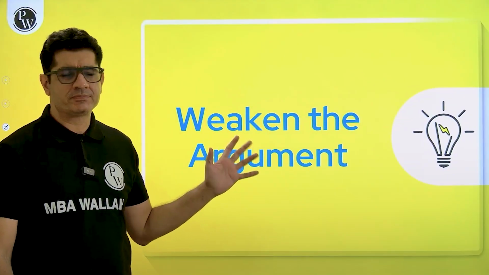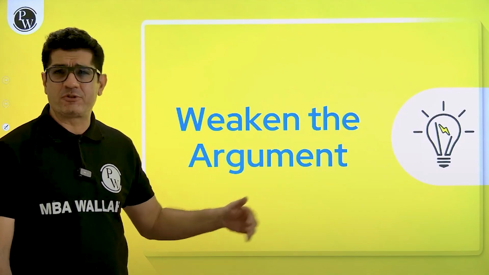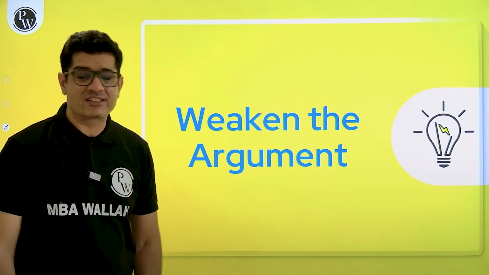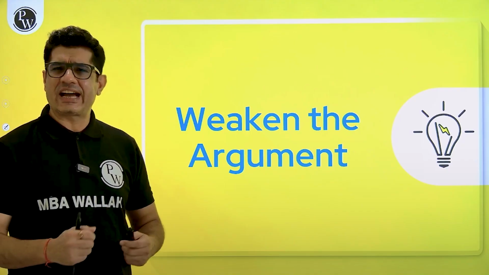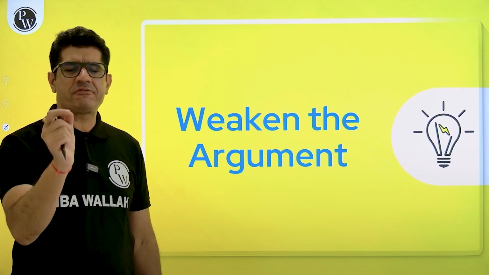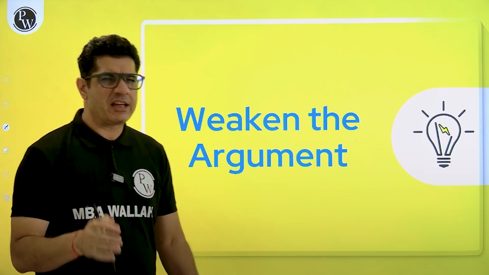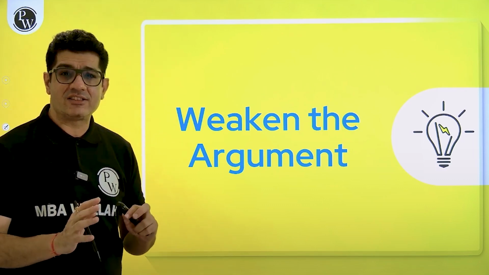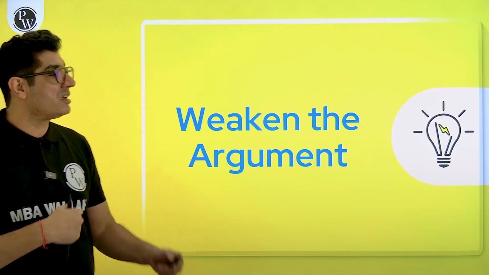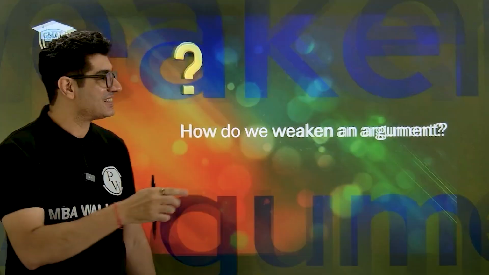So first up, whenever a question asks us to weaken the argument, and there are quite a few different ways in which they ask us to do that, what exactly are we supposed to do? In a nutshell, the correct answer choice needs to bring in a new piece of information that does what?